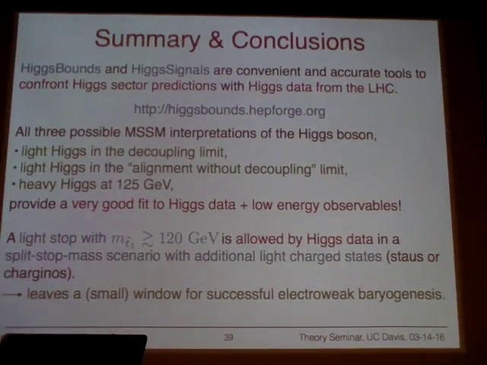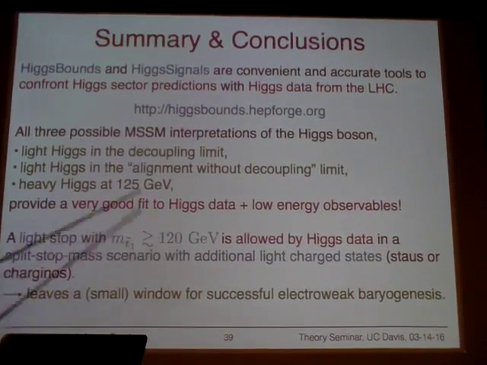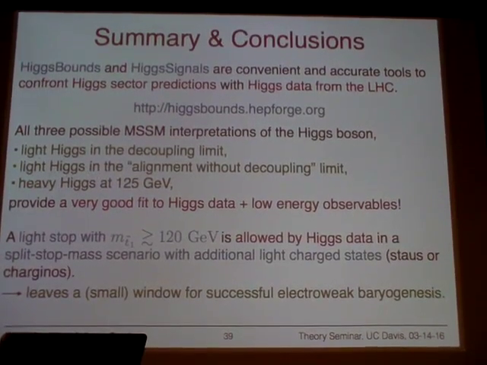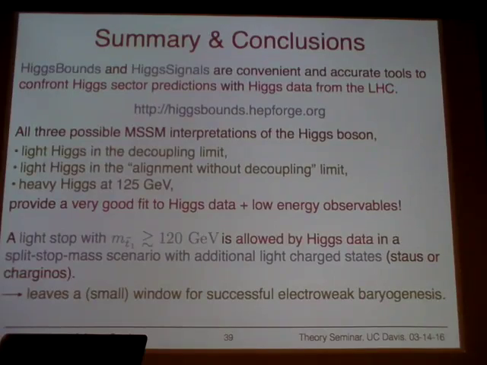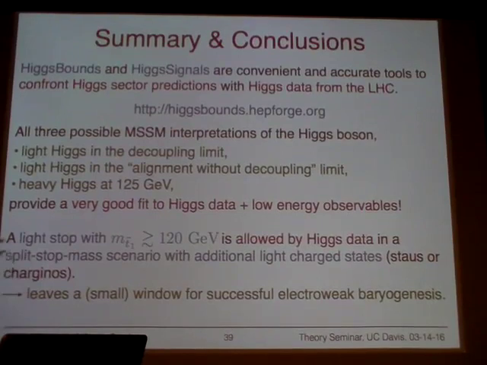And at least from a phenomenological point of view, they all provide good agreement with the Higgs data and low energy observables. Of course, in these two cases, you might worry about these parameter choices, so you have to have very large mu and A_t parameters, which might be worrisome.